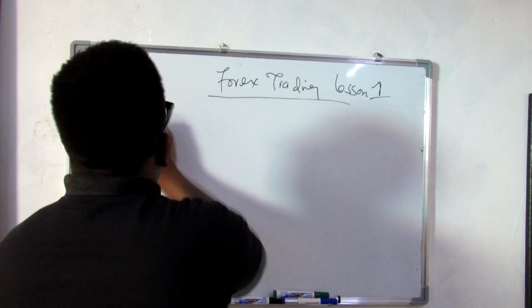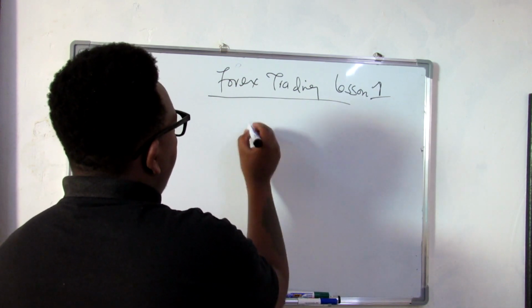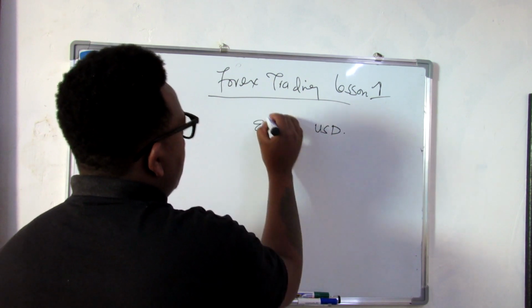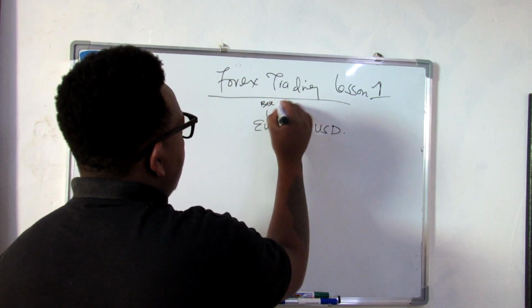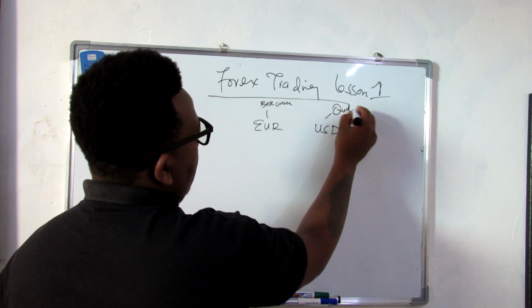In any currency pair, the base currency always stands with the value of 1. So for instance, we have the euro and the USD. This one is the base currency, and this one is the quote currency.